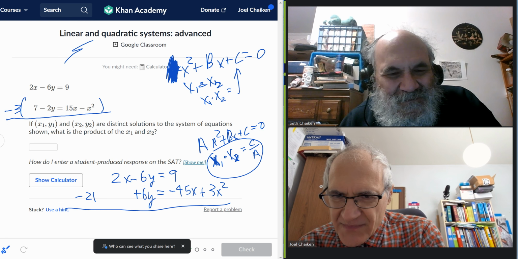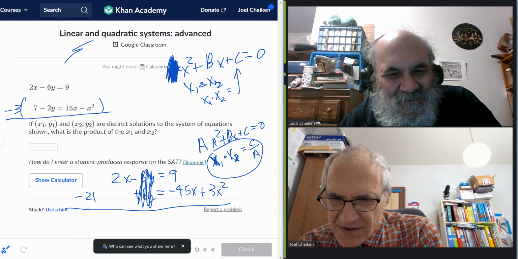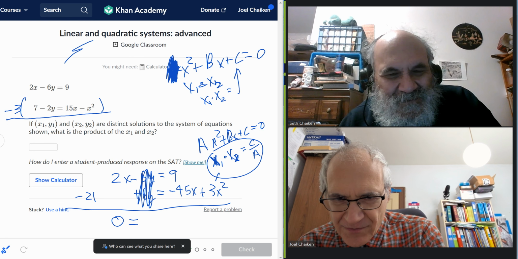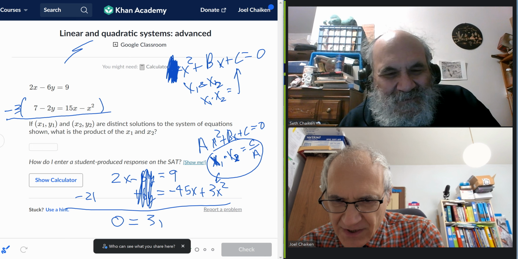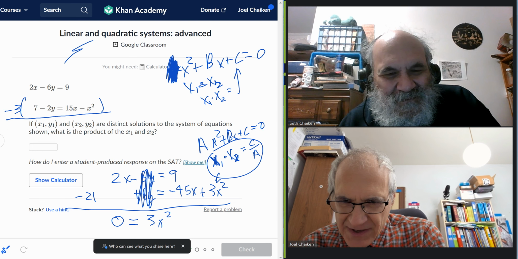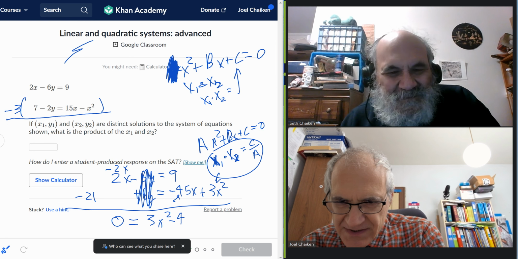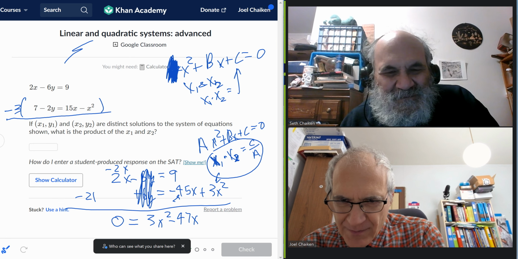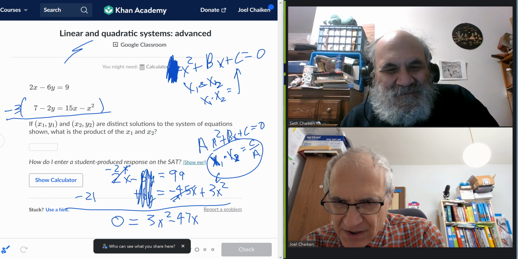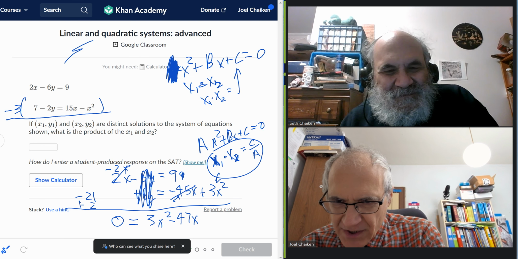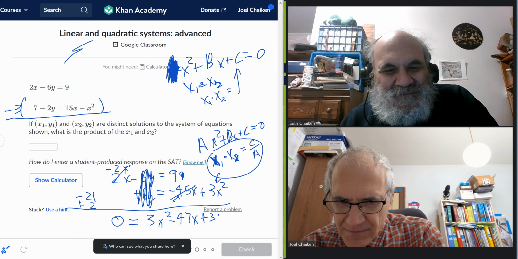So we're going to want everything to be 0, and we want a positive 3x squared. So we have 3x squared. Now we have a minus 45x and a minus 2x. So that's a minus 47x, which frankly we're not going to care about at all, because that's not really part of the answer. Now we have a 9 plus a 21. That's a plus 30.